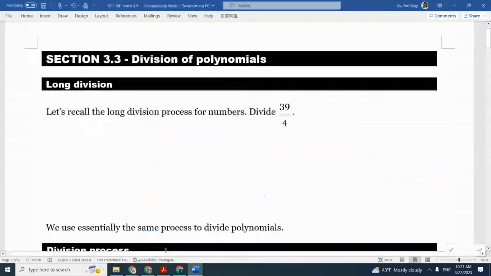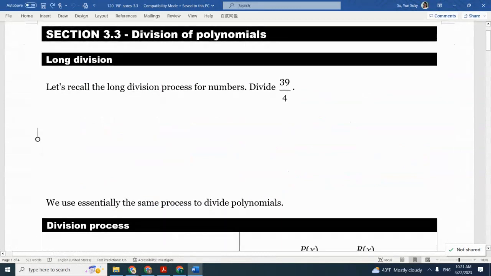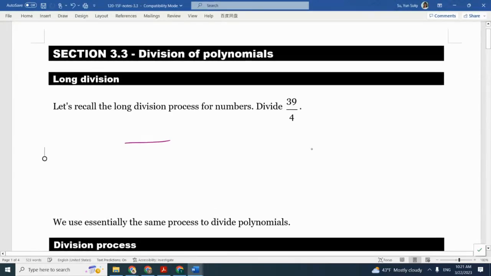Let's look at 3.3, division of polynomials. Last time we recalled the long division process from numbers. How do we divide numbers? Say 39 divided by 4. You put 39 here and you put the 4 here.